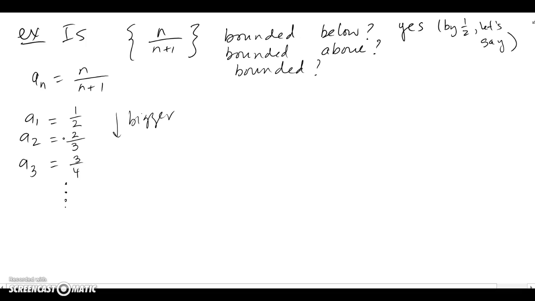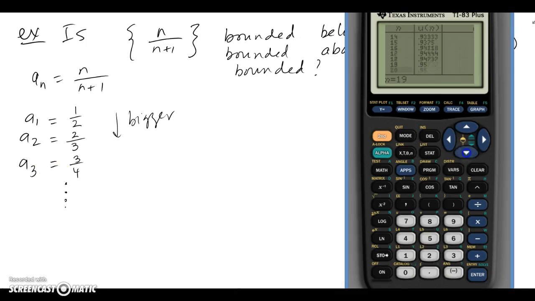Now, is it bounded above? As you noticed, as we go through the terms of our sequence, it doesn't seem like they get past 1, and that makes sense too. Looking at the graph, they're getting bigger and bigger, but it doesn't seem like they're going off to infinity.